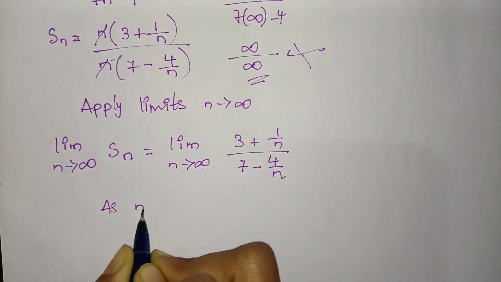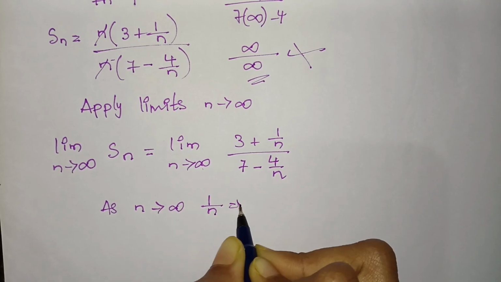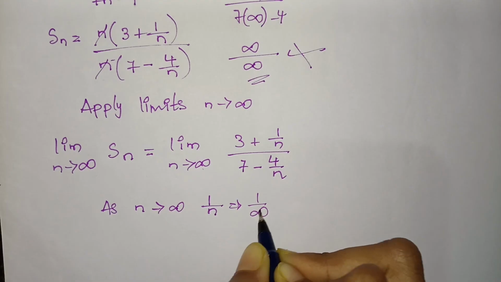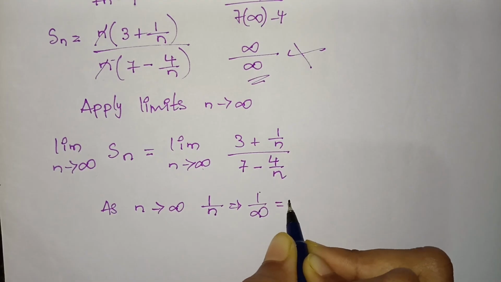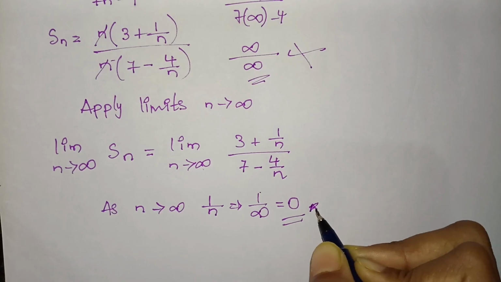As n tends to infinity, 1 by n is equal to 1 by infinity. So something by infinity is always 0. Remember this one, this is very important.